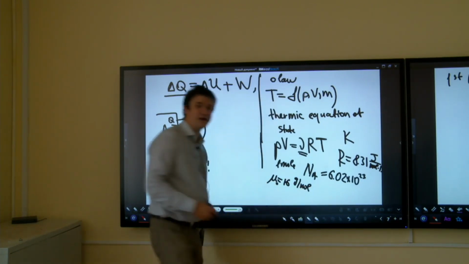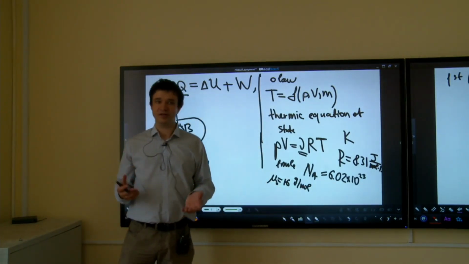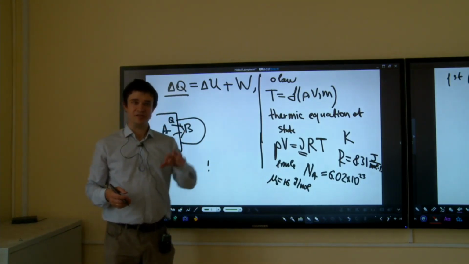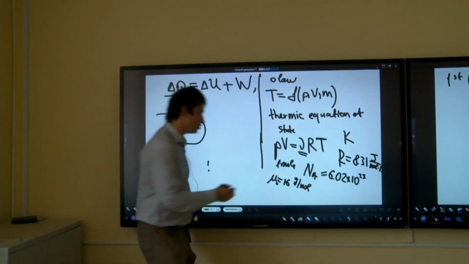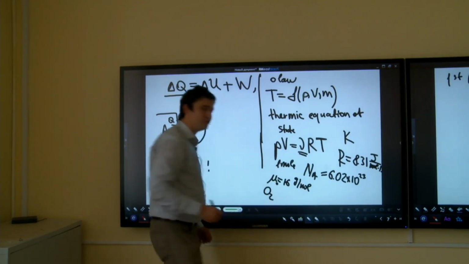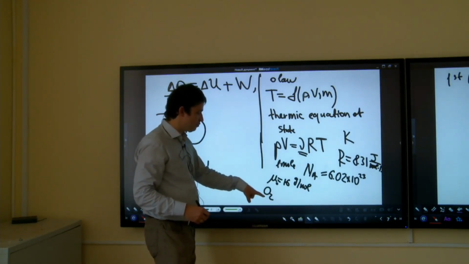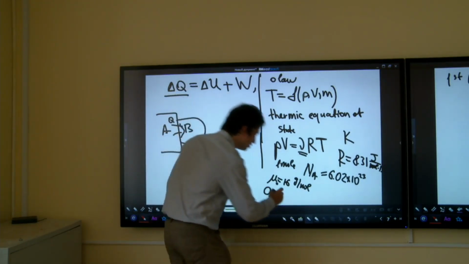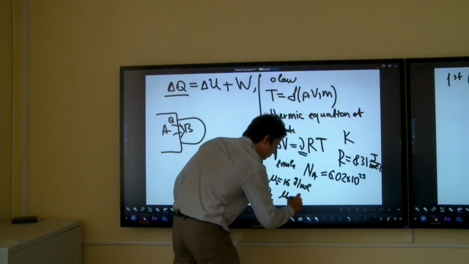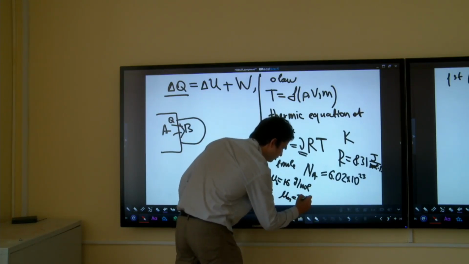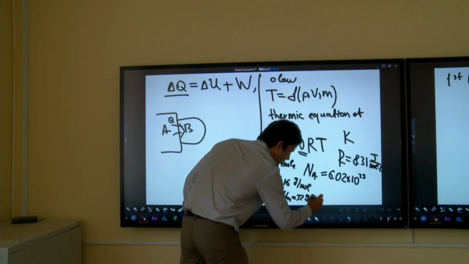But if I have oxygen in its gas state, O2, then the molar mass of these molecules is 32. So that would weigh 32 grams. Good.